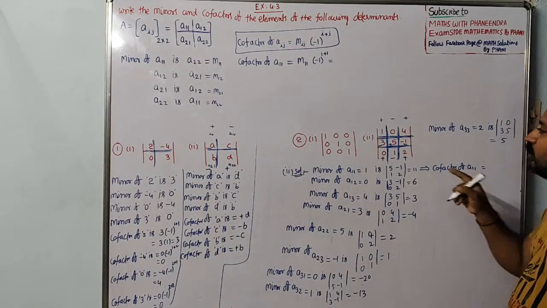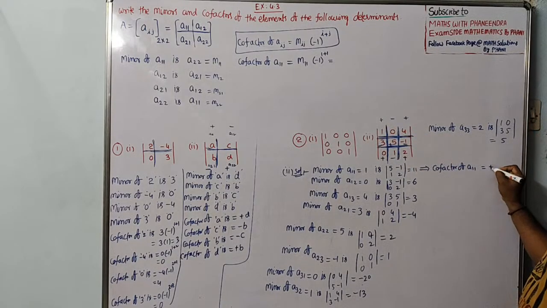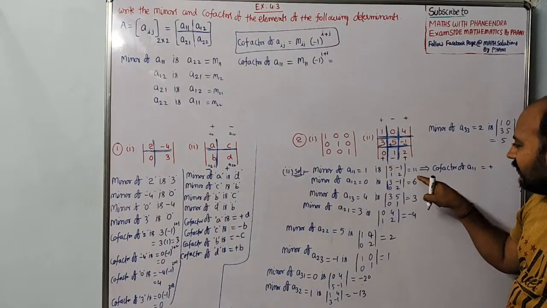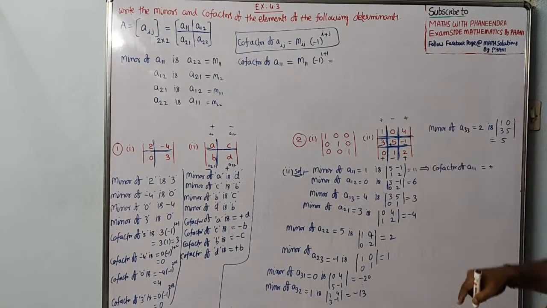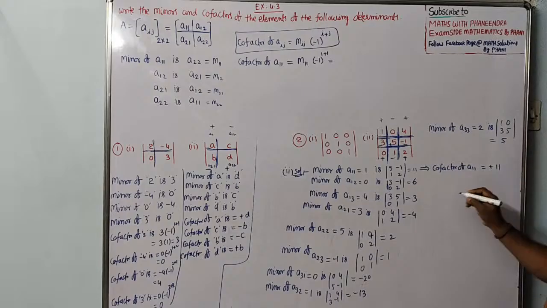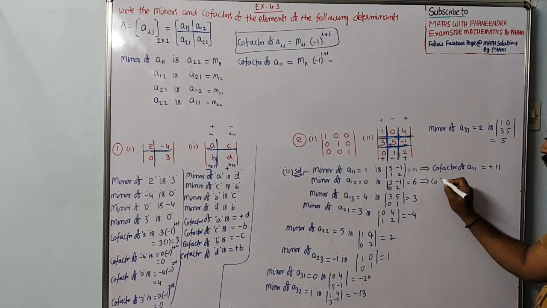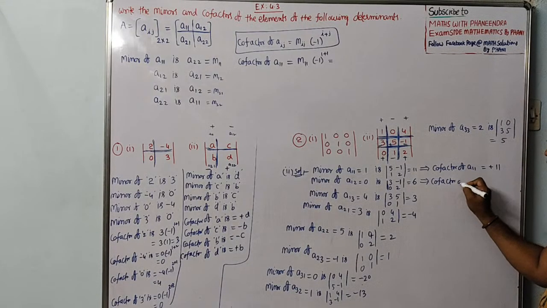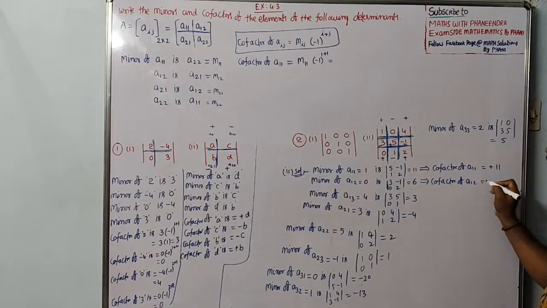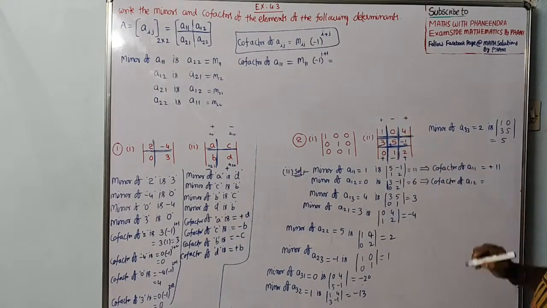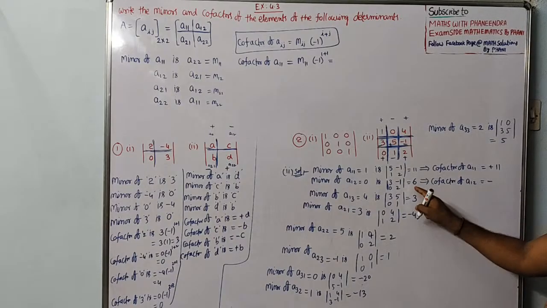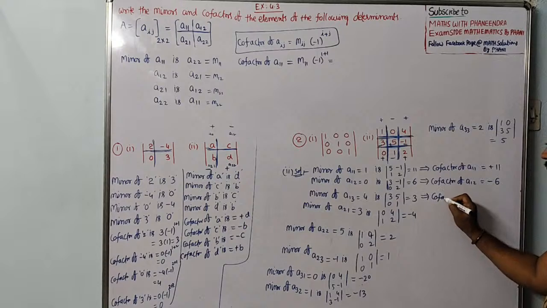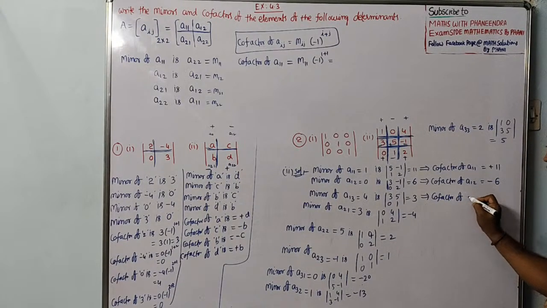Cofactor of A11 is equal to, here the symbol is plus, multiplying with M11, this is called M11, dear students. Next, cofactor of A12, here the symbol is minus, so minus 6. Next, cofactor of A13, first row, third column.